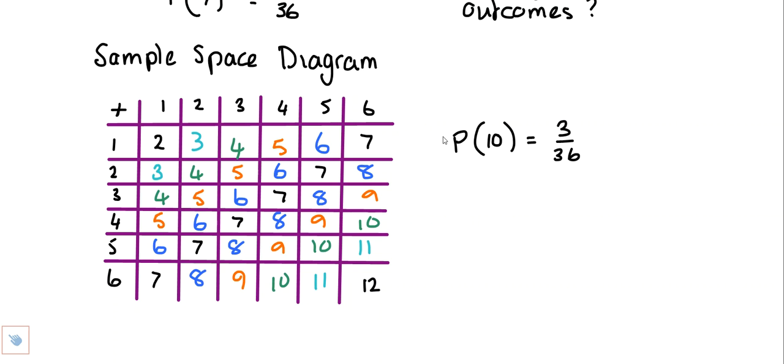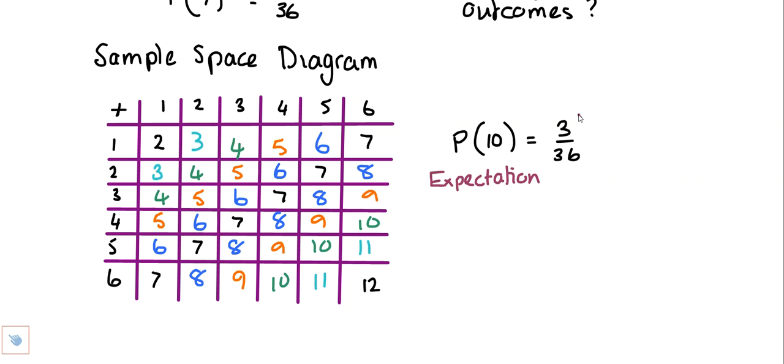And we would use this word here: expectation. So I would expect to happen. So probability is all about what you expect to happen. So expectations. So what does 3 out of 36 mean?